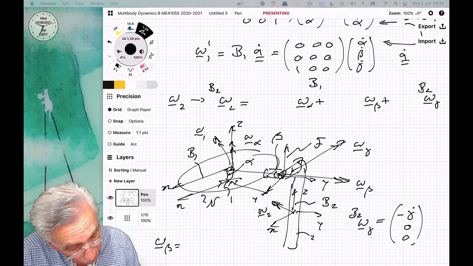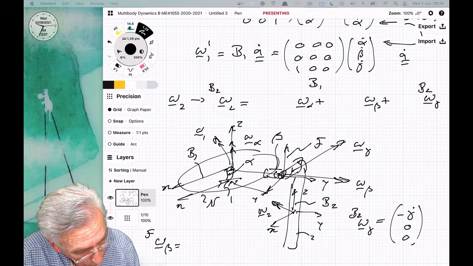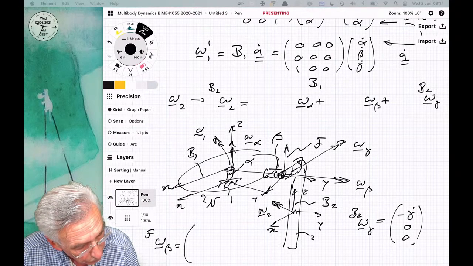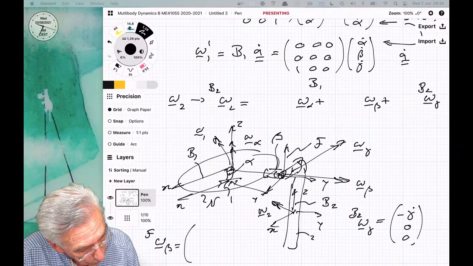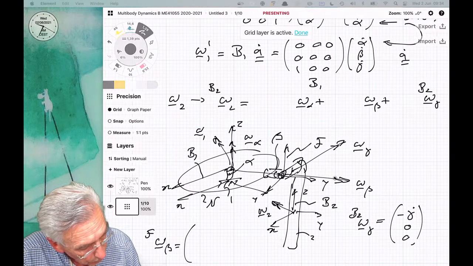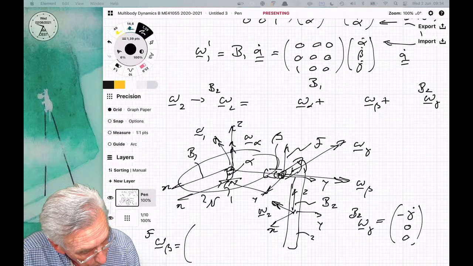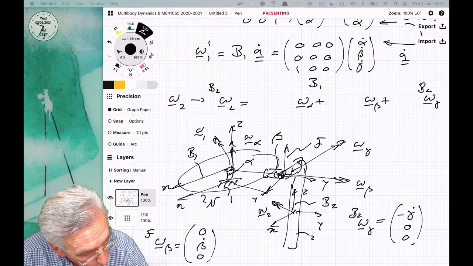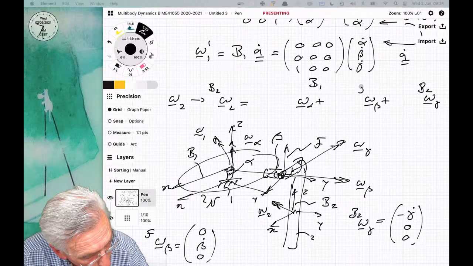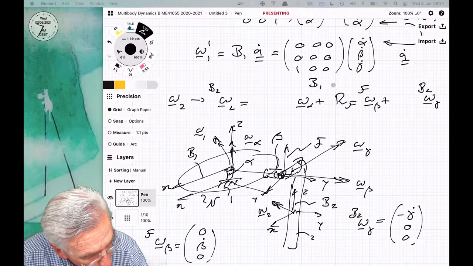Well, in the F frame, right? In that intermediate frame. So that's this guy. And I know that's about the y-axis, right? So that's 0, beta dot, 0. So I know this guy. And then I need a transformation matrix from F to B2.